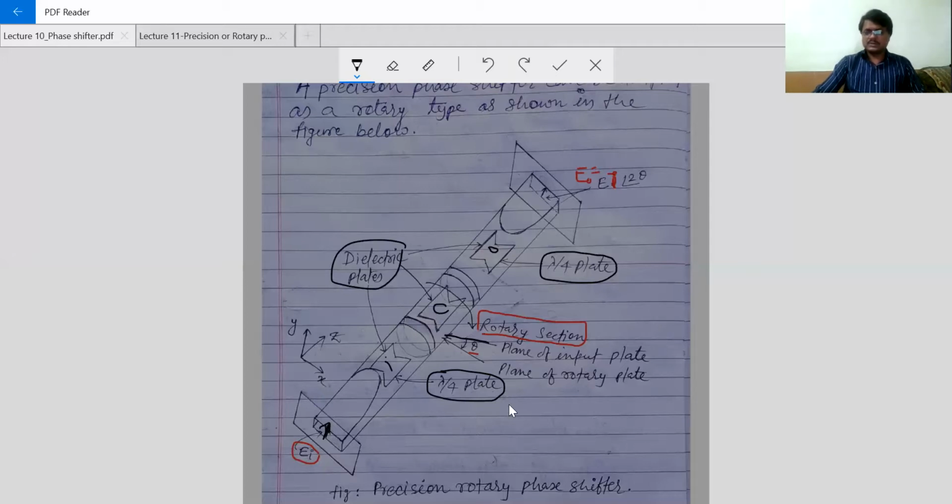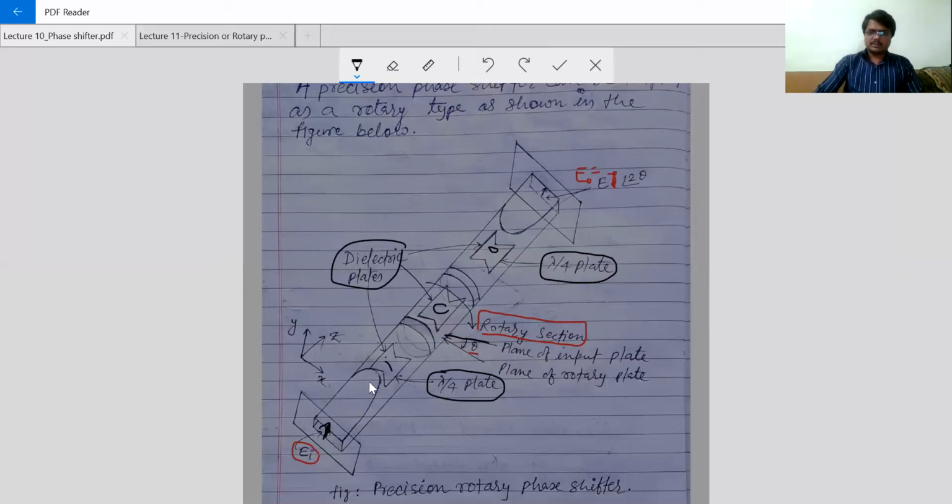So what happens, we will see. First of all, we will discuss the working of this after a minute. But first of all, I would like to tell you how it works, and how anyone using it will get the phase shift between the two sections.